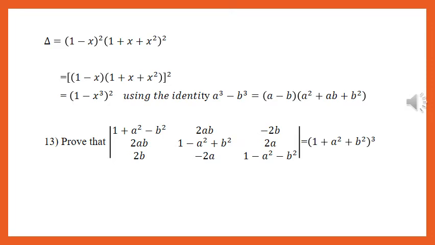Now let's think for a while how we can get the factor 1 + a² + b² as the answer. Here the first element of the first row is 1 + a² − b². What to do to get 1 + a² + b²? Think for a while.